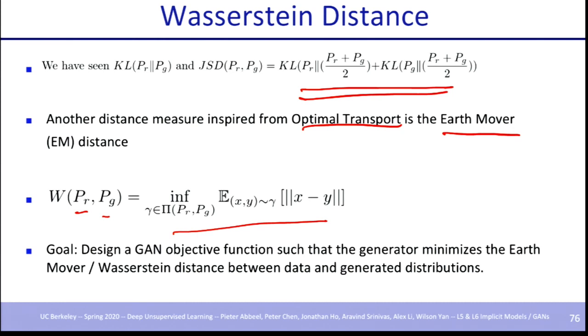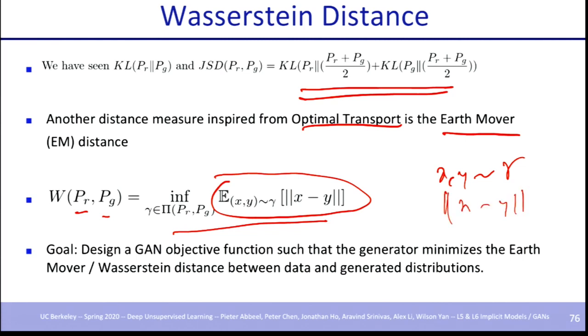Given a joint distribution between P_R and P_G, you can evaluate an expectation over samples coming from this joint distribution of the distance between those samples, right? So you could take x, y from the joint, and evaluate the distance between x and y. And this could be any distance. Here they use the L2 norm.